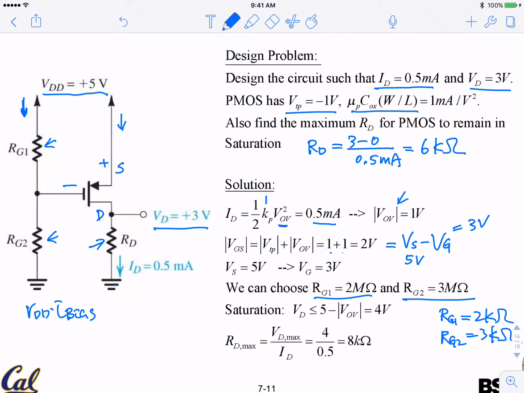So 10 mega ohm is kind of a convenient value to choose. Then you just figure out what your VDS is, whether your transistor is in the saturation region.